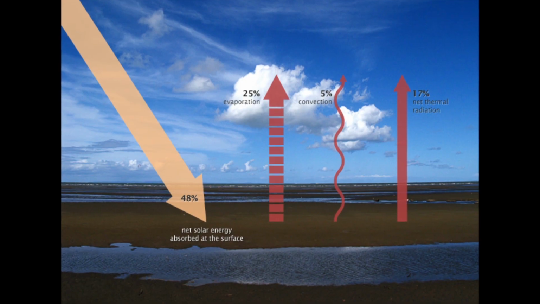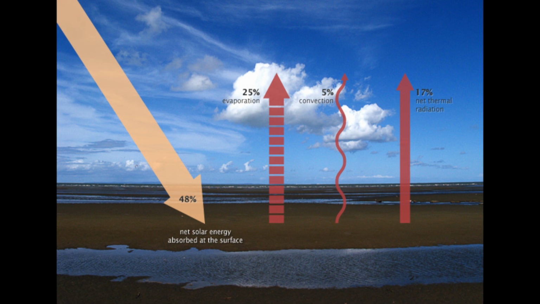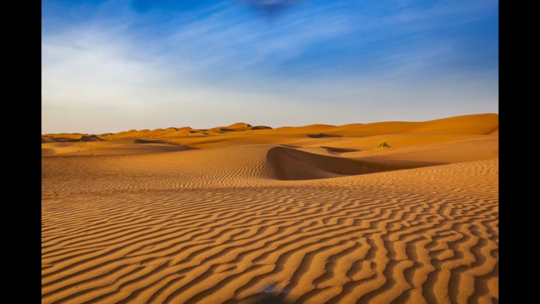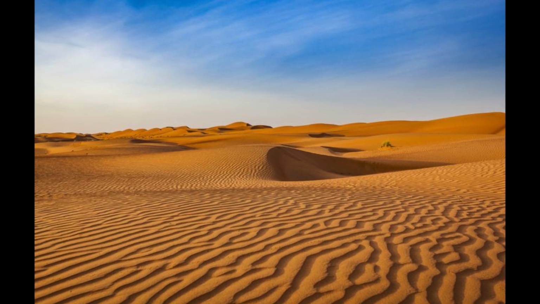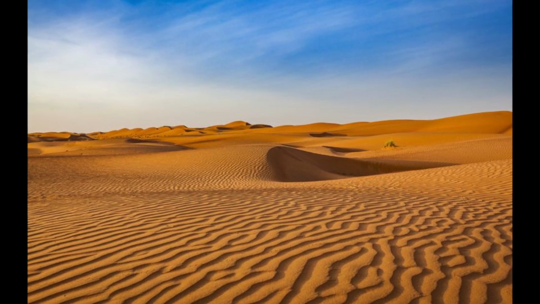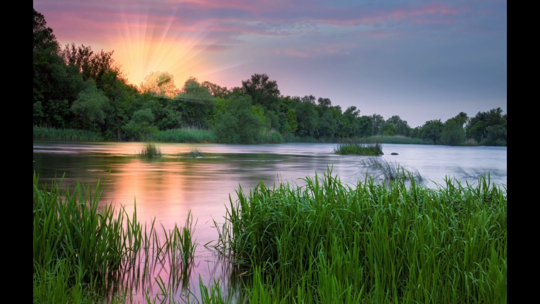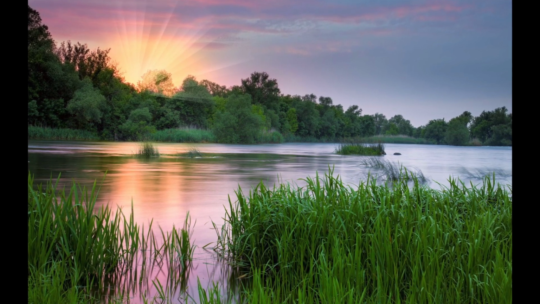Land and water surfaces react differently to the incoming solar radiation. That is why different surfaces such as land, water or ice heat up and cool down differently. For example, land surface is heated more quickly and to a greater extent than the water surface when subjected to an equal amount of insolation, and it also cools more rapidly.